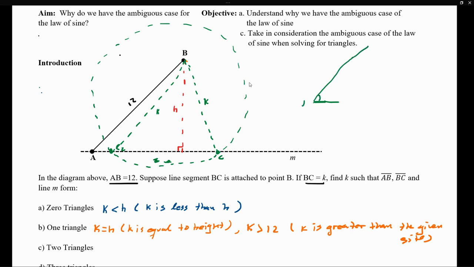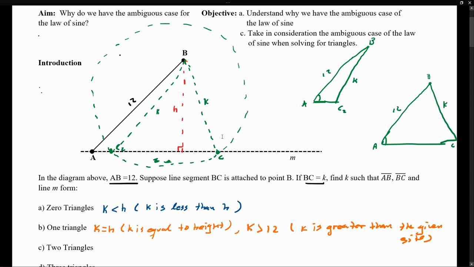We still have angle A, and we still have line segment 12, and we have line segment K, and also we could have a different triangle where it is still angle A, it is still B, it is still C, and notice that this is still K. So notice that there are two possible triangles that we could have gotten, with still the same angle A, still the same length of 12, and still the same length of K. So there can be cases where we've been given the same condition, same value of A, same length of 12, same length of K, where we could have created two different triangles still using the same information.